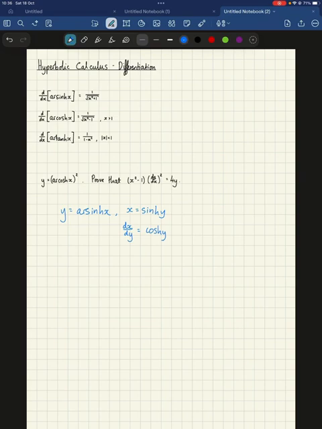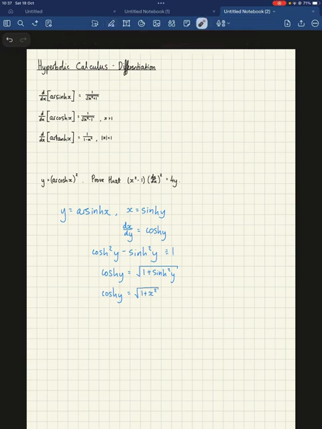Using our identities, we know that cosh squared y minus sinh squared y is 1, so cosh y is the square root of 1 plus sinh squared y. Plugging this in, we know that sinh y is x, so sinh squared y is x squared. So cosh y is equal to the square root of 1 plus x squared.